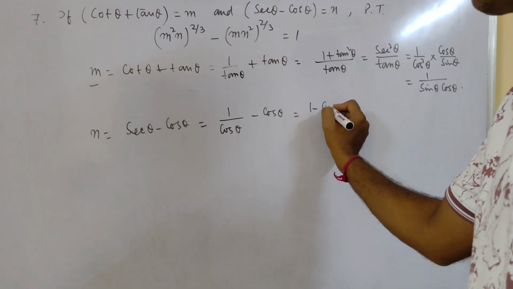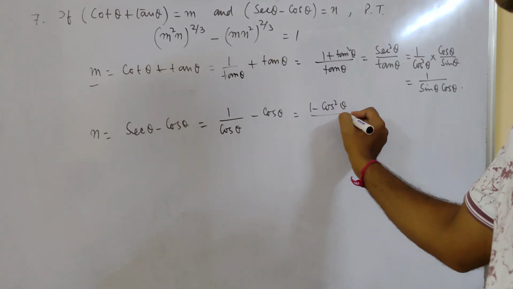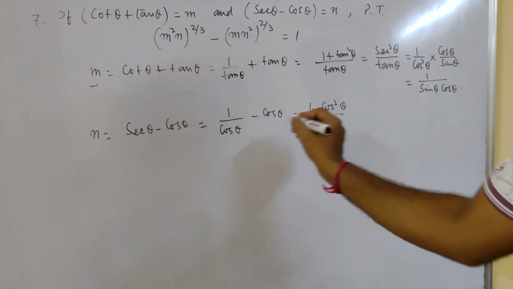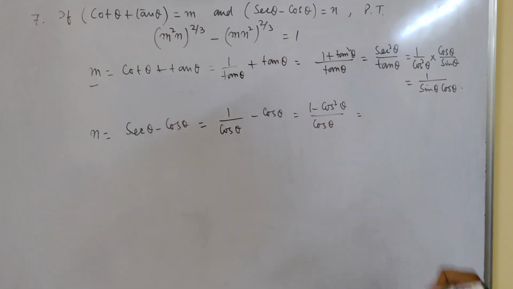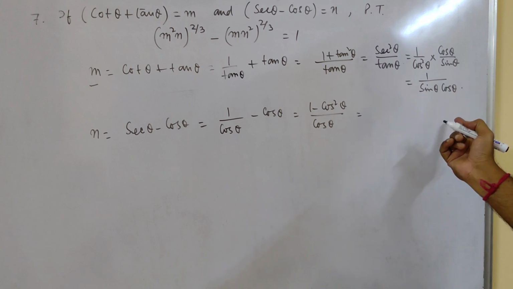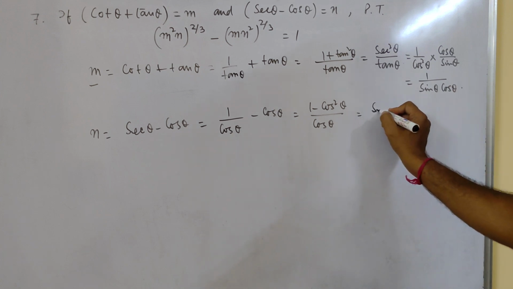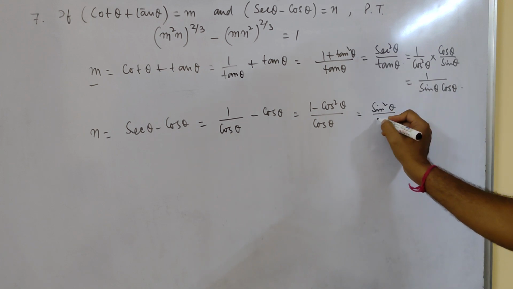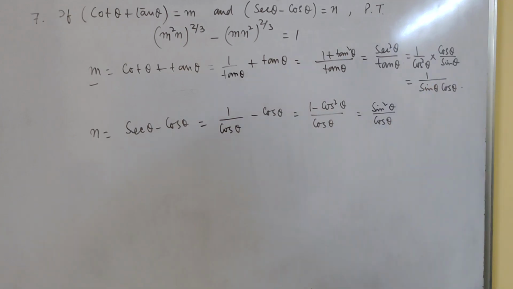So 1 minus cos squared theta by cos theta, LCM is cos theta. 1 minus cos squared theta is equal to sin squared theta, as sin squared theta plus cos squared theta is equal to 1. So n is equal to sin squared theta by cos theta.